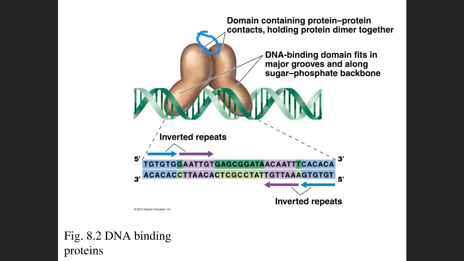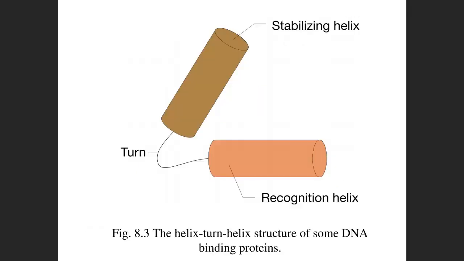And this is a very common process. DNA binding proteins typically have a recognition helix that fits into the major groove, and that structure is stabilized by a stabilizing helix. So they typically have a helix-to-helix conformation.